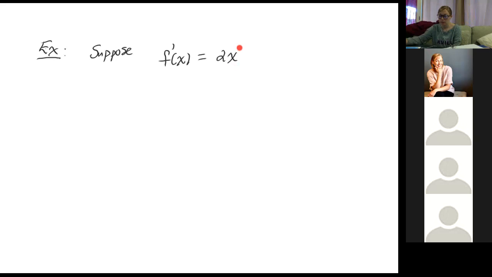So you might think about, well, what was the original function that was differentiated? It was f of x is equal to x squared. So if I were to differentiate f of x, I would get 2x. Okay? And you know that from what you've done with differentiation so far.